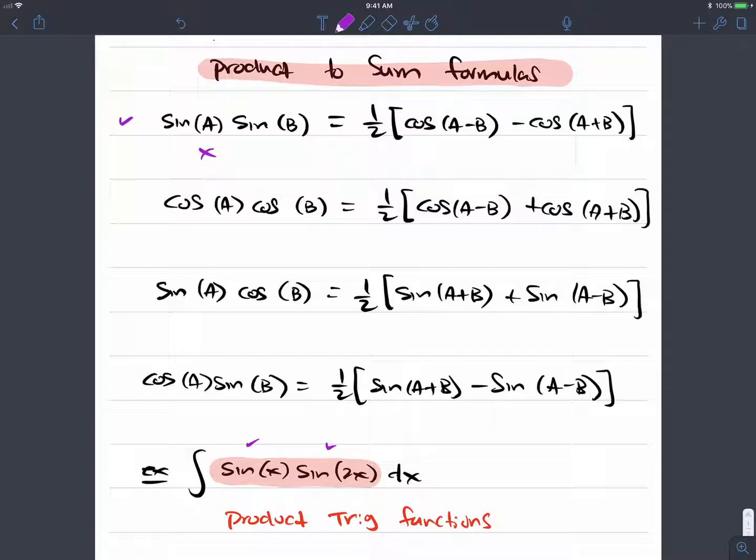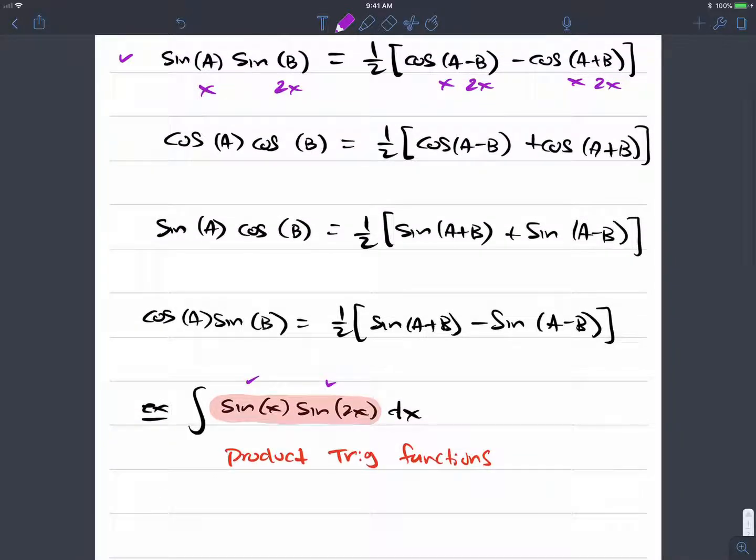So we have this x. We have 2x. That means I have 1/2 cosine A minus B minus cosine A plus B. So here's my x, here's my 2x, here's the x, and here's the 2x. So when I write my product now as a sum, this sum now becomes 1/2 cosine x minus 2x minus cosine x plus 2x.